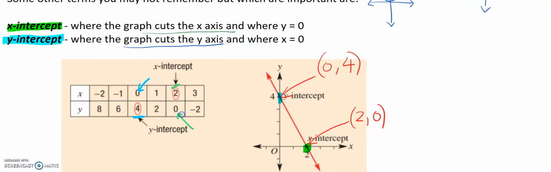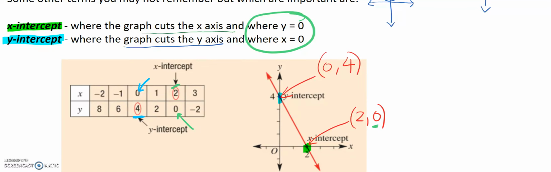Our y-coordinate, which is over here, is 0. So that is another important point that you need to remember. Wherever the x-intercept is, our y-coordinate would be 0. Wherever the y-intercept is, the x-coordinate needs to be 0.